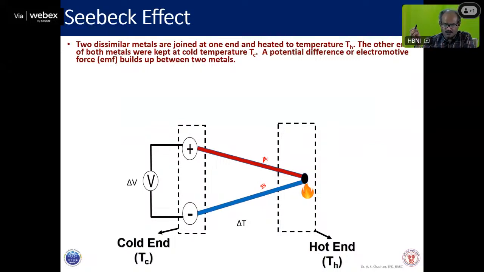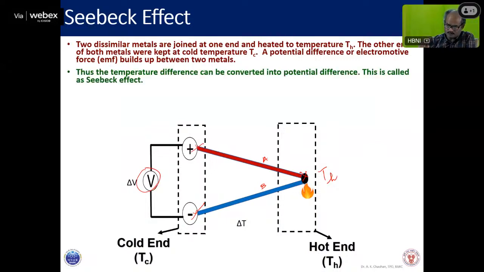So if we use two dissimilar materials and join them at one end and heat it to a higher temperature, which we will call TH, and keep both the other ends at room temperature, that is called TC, or at some lower temperature at the same temperature, then whatever potential difference is developed, delta V, is measured.